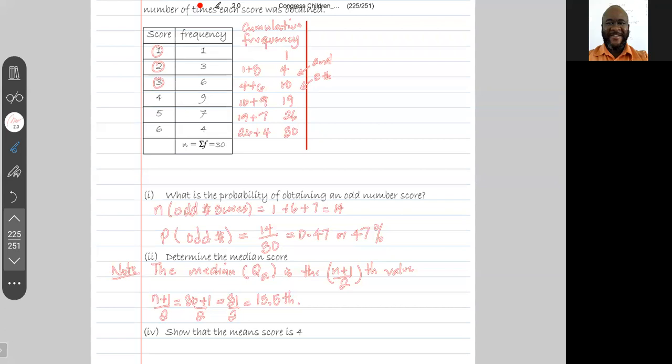Remember now, I want the 15th and the 16th because the median is the average of the 15th and the 16th values. So after the 10th, there's the 11th. The 11th to the 19th value is 4.